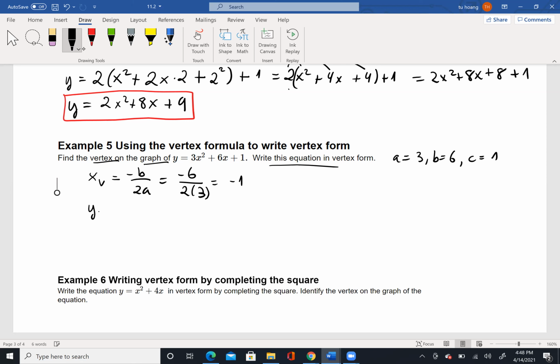And y of the vertex will be f of negative 1, which equals 3 times negative 1 squared plus 6 times negative 1 plus 1. And then that will give me negative 2.